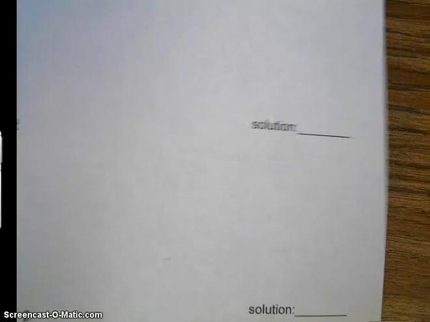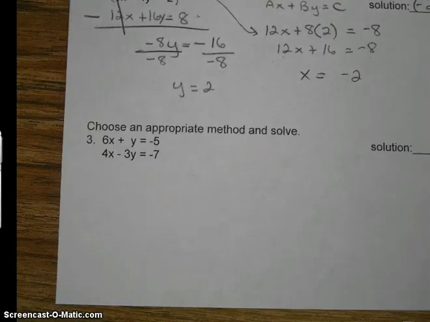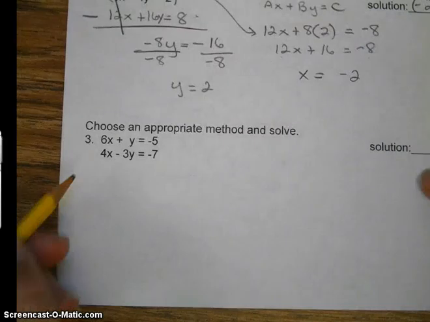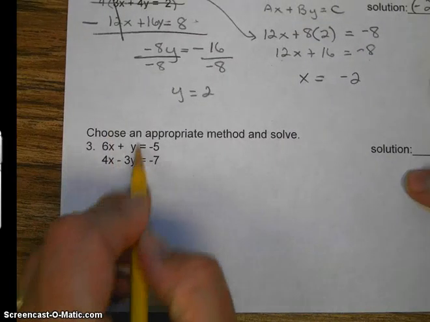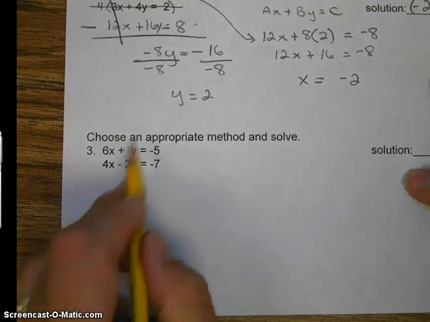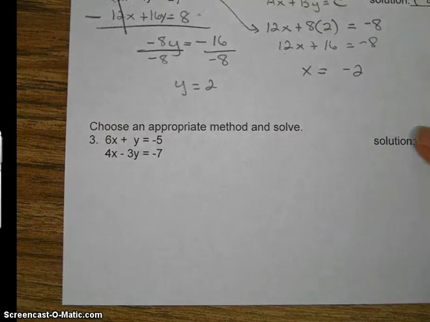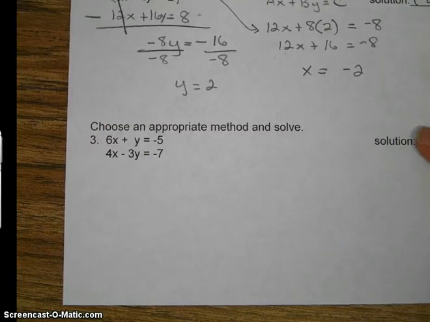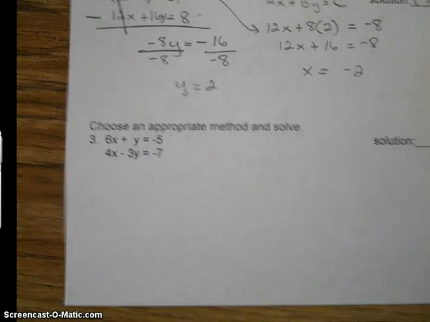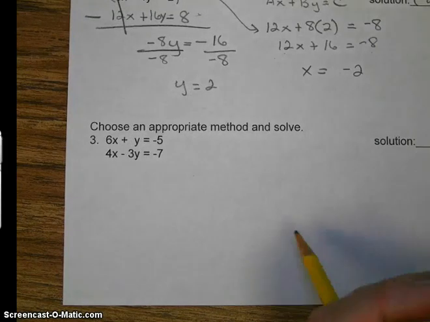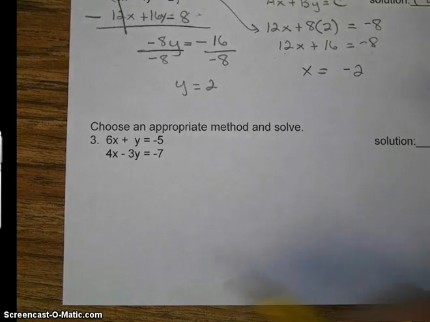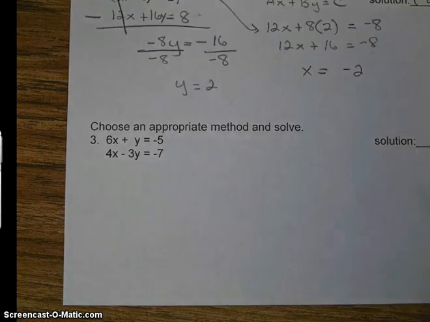Now, it says choose an appropriate method and solve. I always look, first of all, are they in standard form? If they're in standard form, I always like to choose the elimination method. Probably the most unpopular method is the substitution method. There's a little bit more algebra involved, just a little bit more.